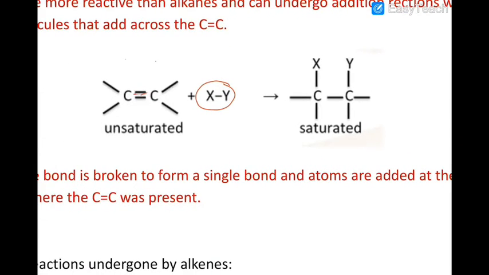So you start with two substances, 1, 2. This is the unsaturated alkene, unsaturated because it has a double bond. You could also have an alkyne with a triple bond undergoing addition reaction. So anything that is unsaturated, like an alkene or an alkyne, can undergo addition reaction.